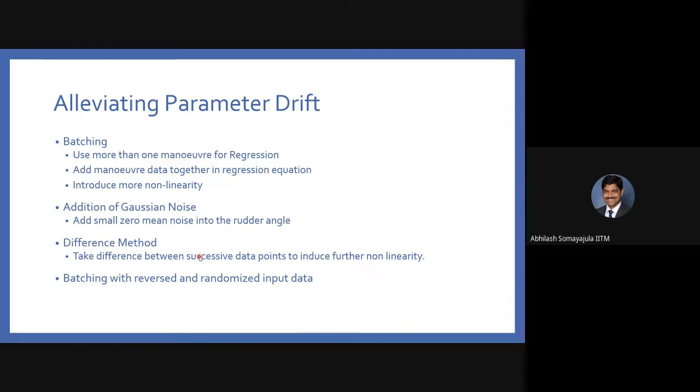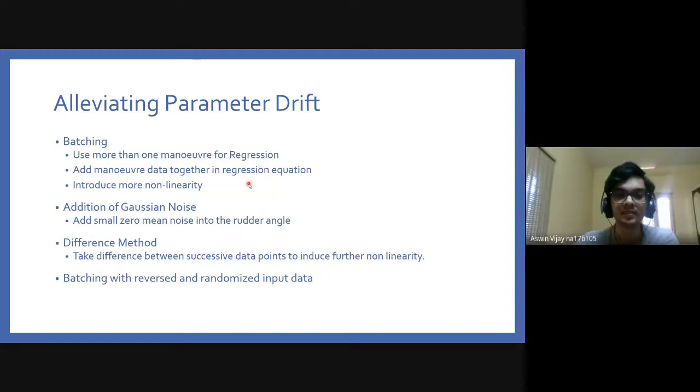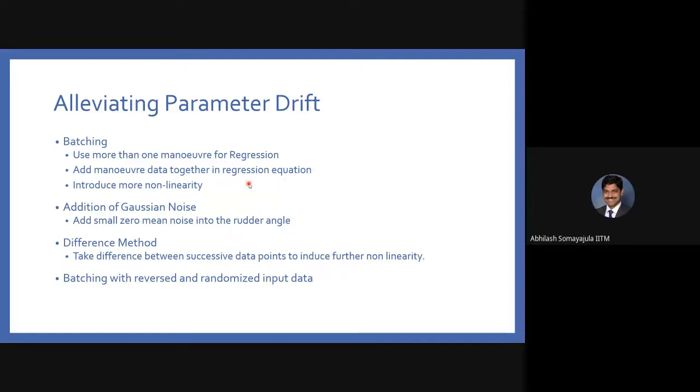But in a zigzag maneuver, beta is less important and R is more important, contributing significantly to the dynamics. If you add the two together, you get the best of both worlds: you are able to predict beta well and R also well. So the coefficients of beta and R start to converge a little better. Batching, I understand. Noise, not so much.